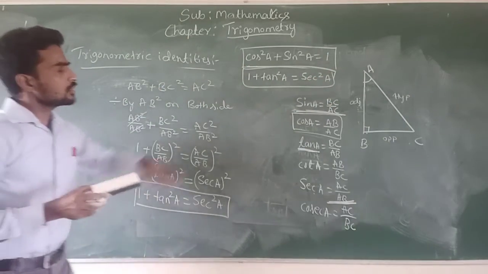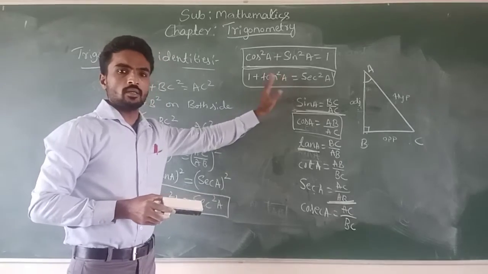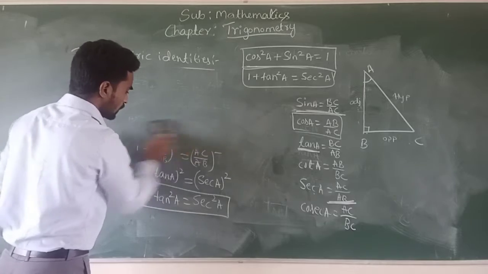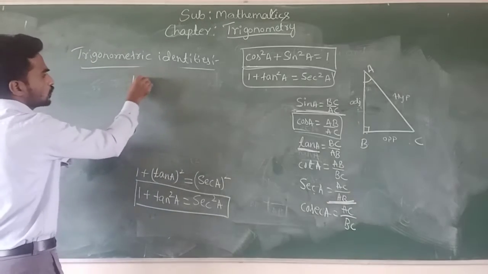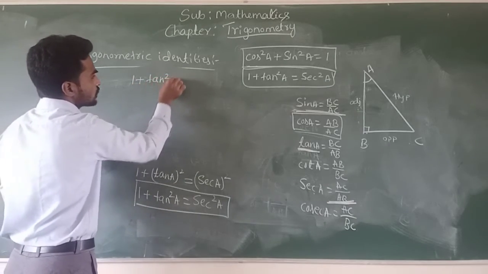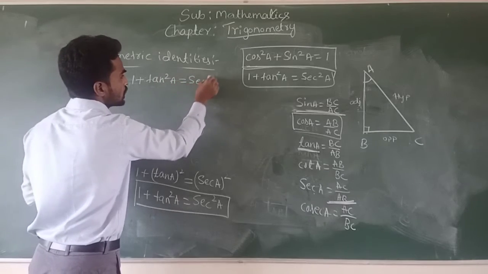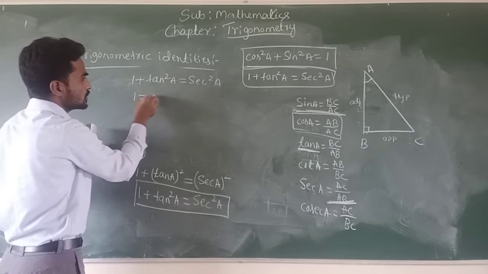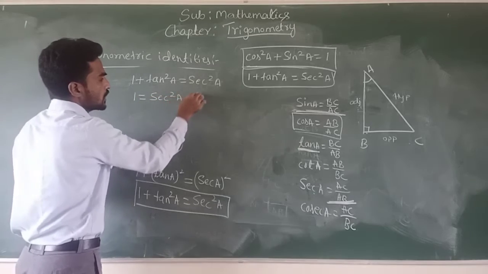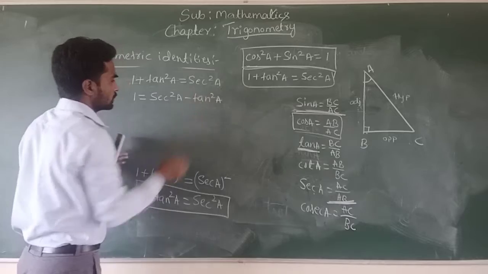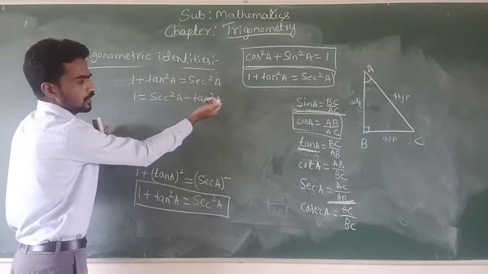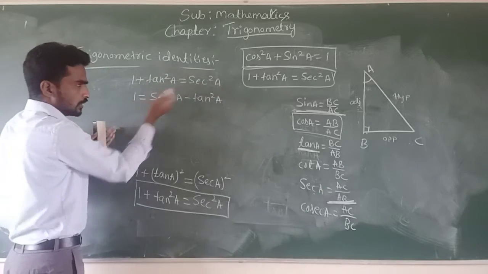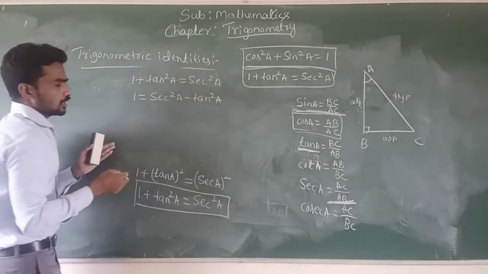By using this identity we can modify some forms. We know that 1 plus tan square A is equal to secant square A. Take this tan square A into the right side, then that becomes 1 is equal to secant square A minus tan square A. And now again take this secant square into the right side and tan square into the left side.